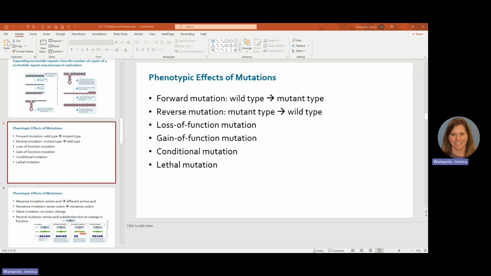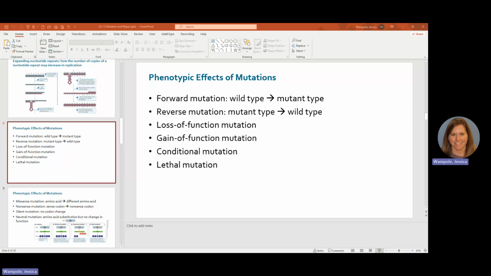If you introduce a stop codon, then we are going to truncate our protein, so our protein is going to be shorter than expected. And this one is always going to cause a dysfunctional protein. This one's always going to affect your phenotype. You are going to get no functional protein out of this one.